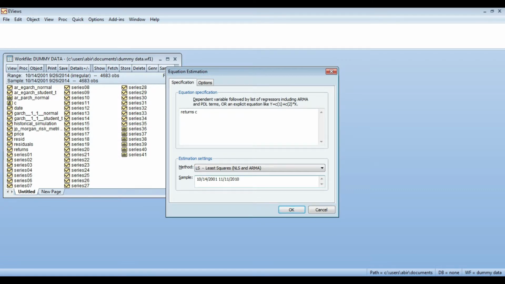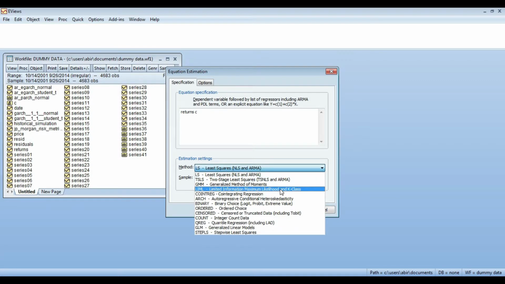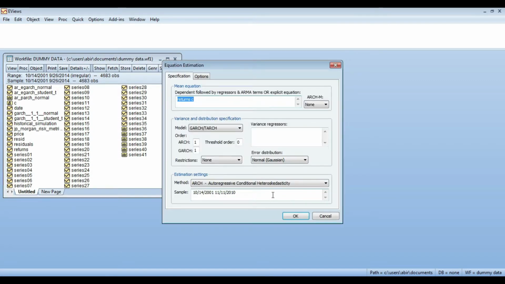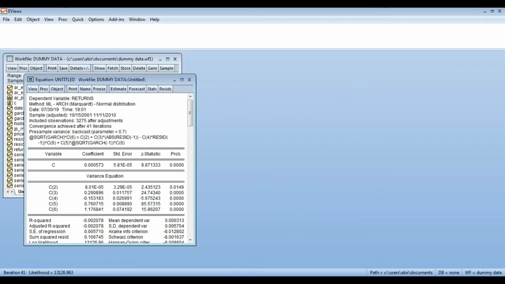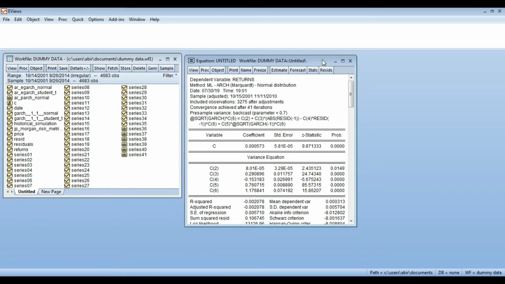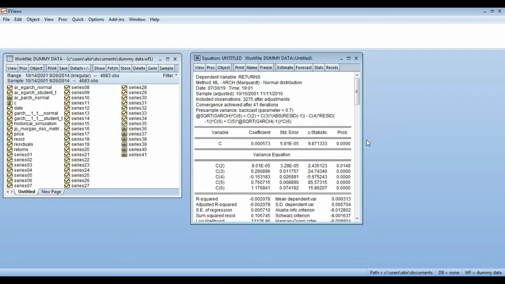So this is the 70% of data. We'll estimate our equation on the 70% only. Let's click on ARCH and make this as PARCH. Let's keep this as 1 and 1 and error distribution as normal. We are assuming normal distribution, right? So click on OK. See, it's iterating over here, and this is the equation that is finally generated.